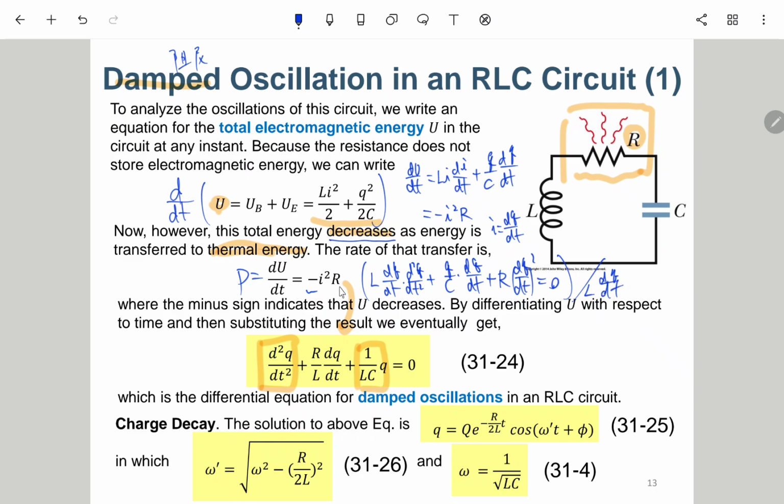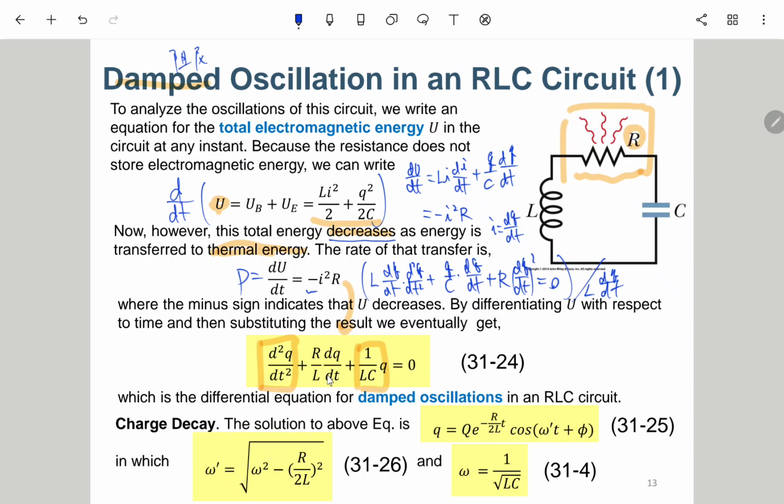So L and dq dt cancel with this one and this one. Okay, so we only have the first term here. And then for the second one, dq dt and dq dt cancel, so it becomes Q over LC, which is the last term. And then finally here, dq dt and dq dt cancel, so we only have one dq dt here, and then we have R over L as the second term.